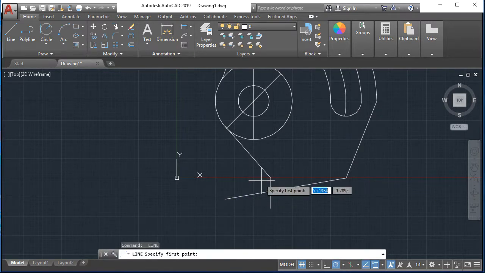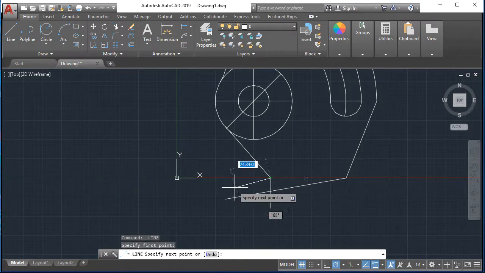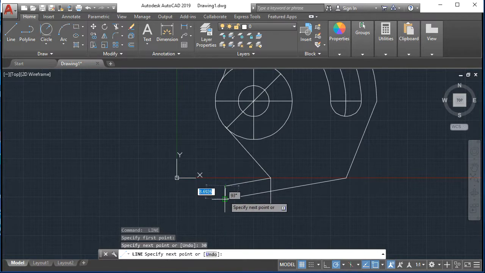And again a line from this point, the angle is 170, the length is 30.